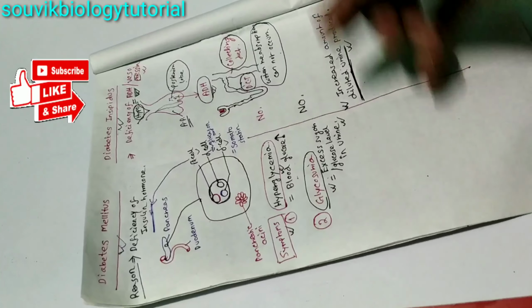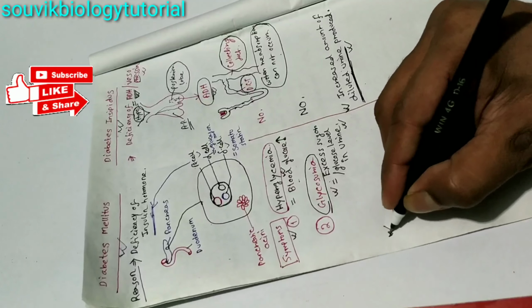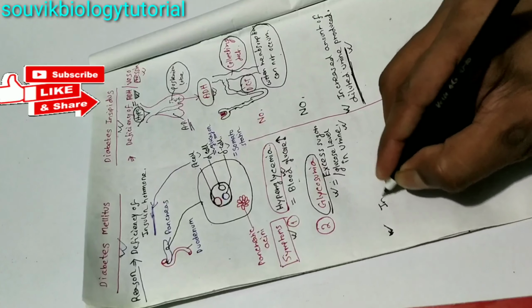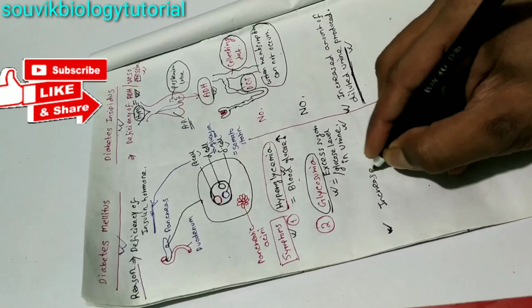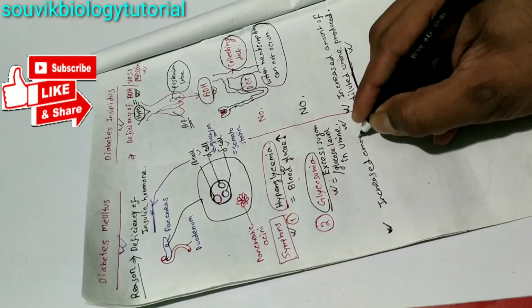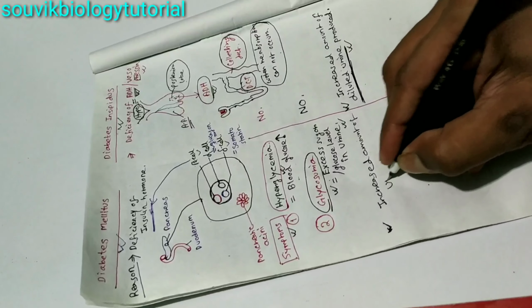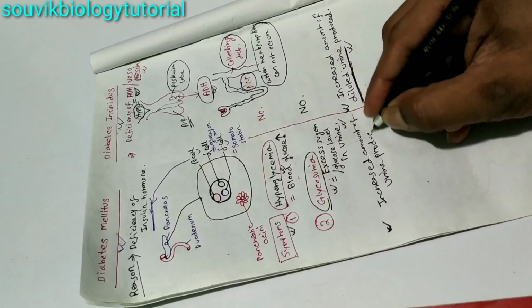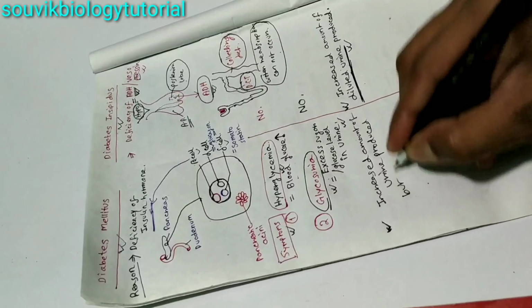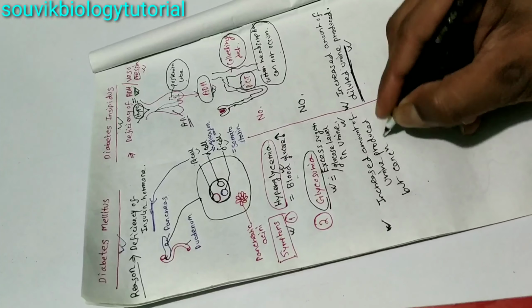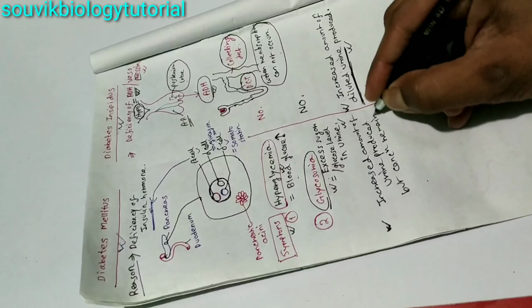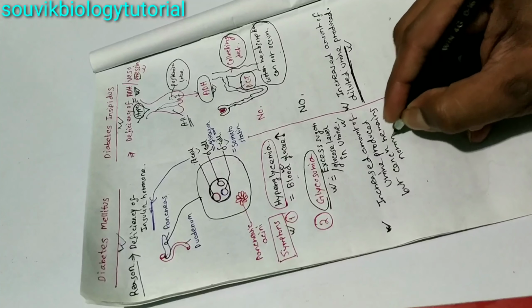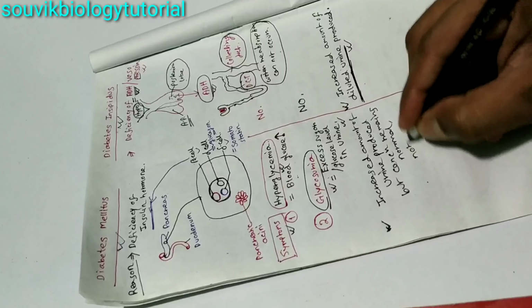Now clear? In case of diabetes mellitus, an increased amount of urine is also produced, but the concentration remains normal, not diluted. Okay, not diluted.